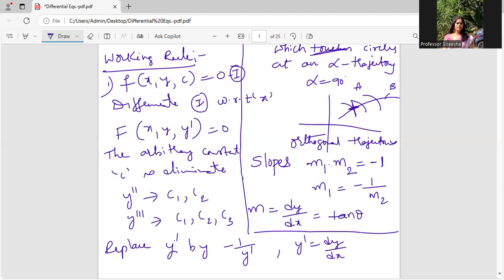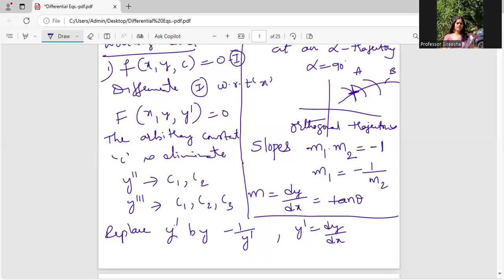So replace y prime by minus 1 by y prime, and then get the solution for it. Or in other words, I'll write f of x comma y comma minus 1 by y prime equal to 0 and solve the differential equation. That's how I'll get the orthogonal trajectory. The resultant equation would be an orthogonal trajectory. Okay, let's do a problem in the next video.